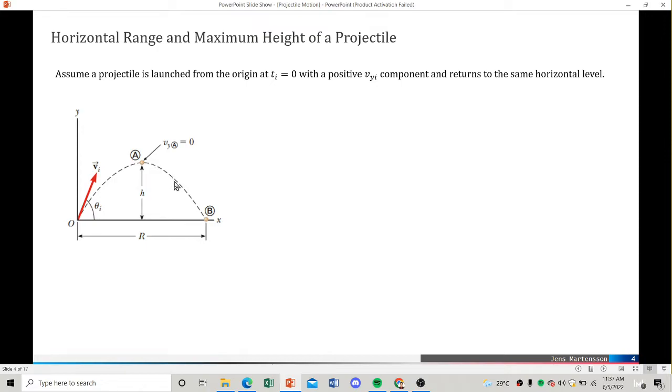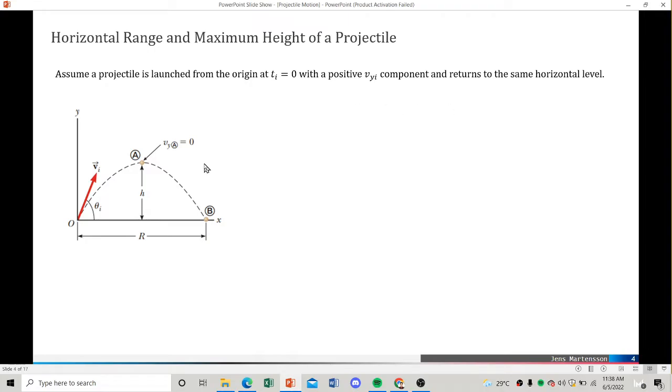At this point there is no velocity, so for the maximum height, the velocity in the y direction is equal to 0.